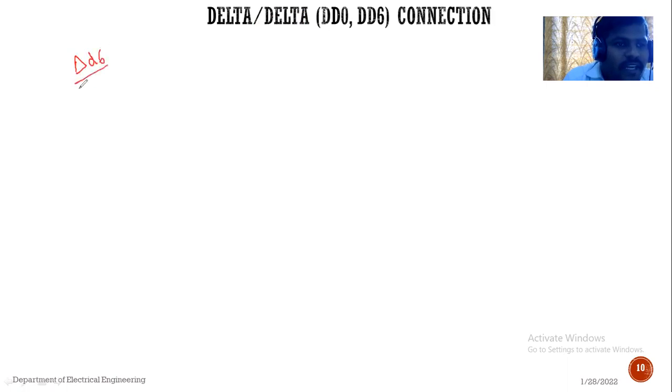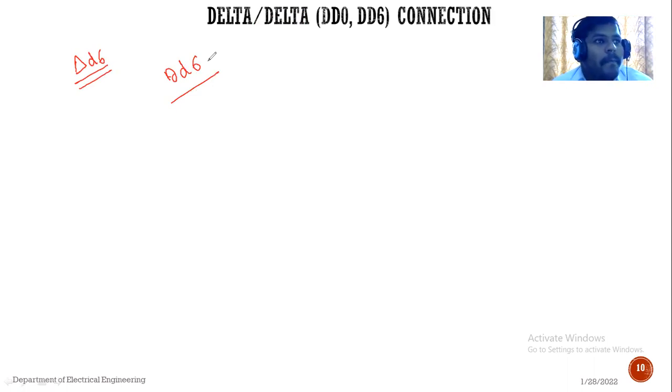What is the meaning of delta delta 6? DD6, capital D, small d, 6. What is meant by the first capital D?